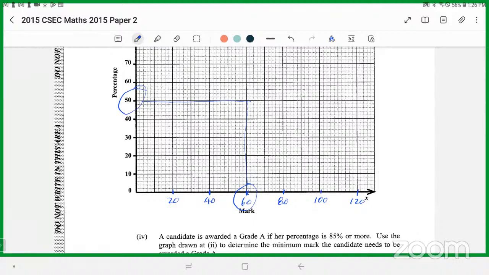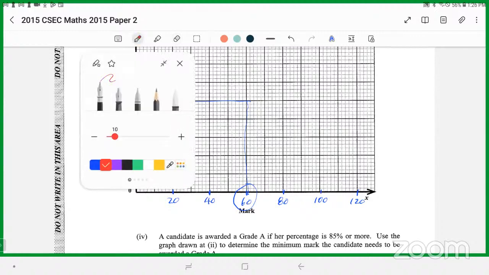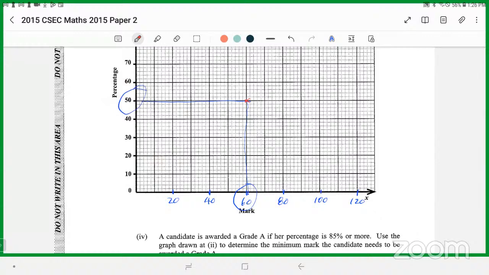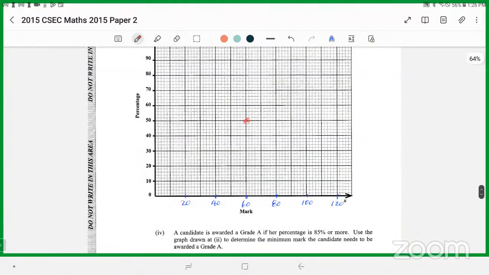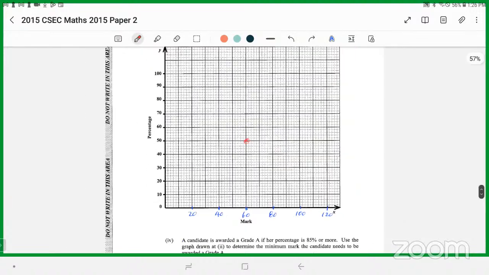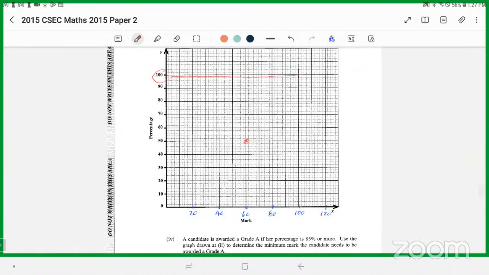So put that point right here. And then 120 marks is 100%, right here. That represents another point. And then 0 marks must be 0%, right?